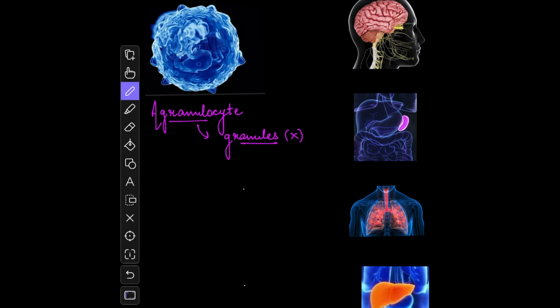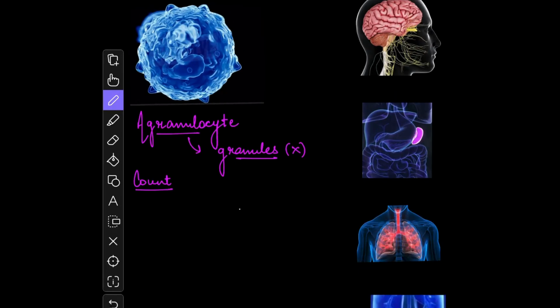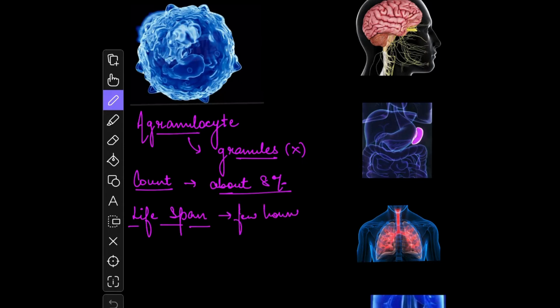Now their count in the WBC is about 8%, and the lifespan of monocyte is a few hours when it is found inside the bloodstream.